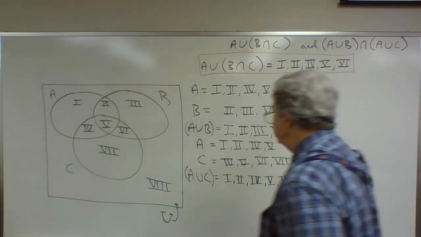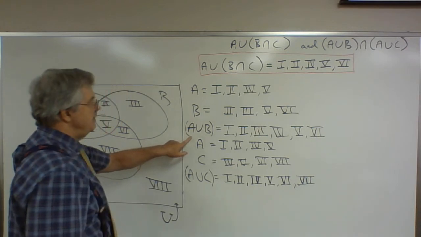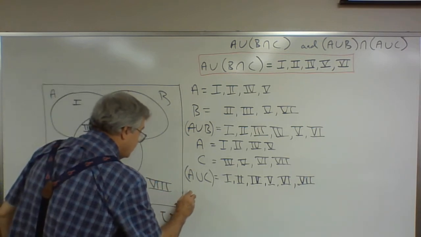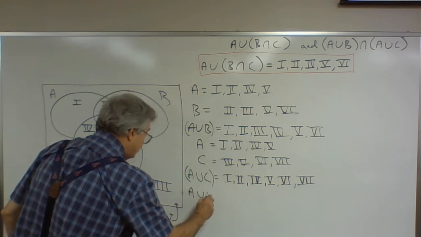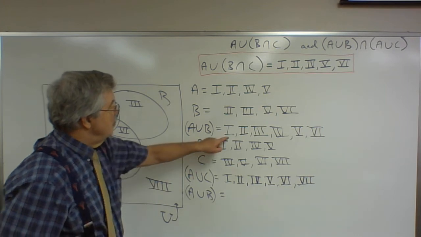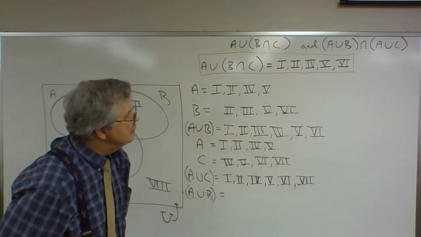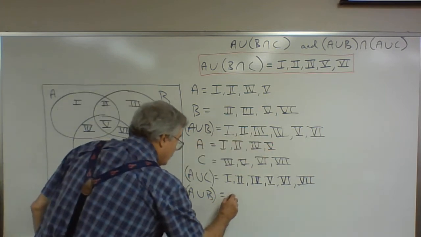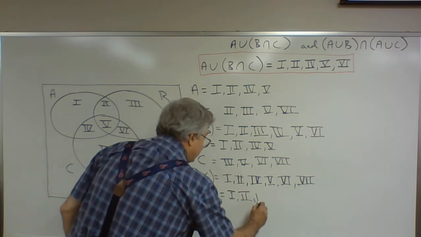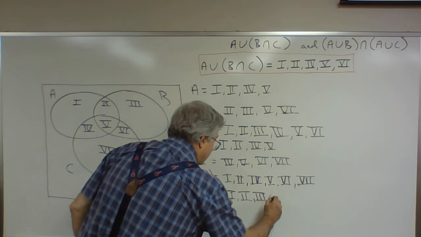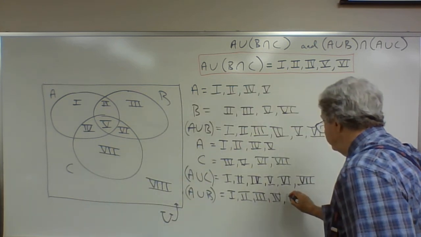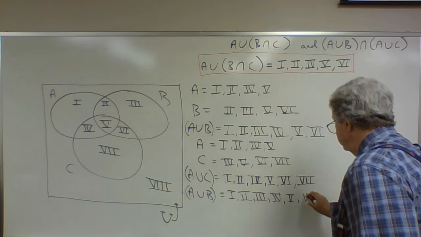So what I'm going to do to make this a little bit easier, I'm going to take A union B and rewrite it down here. That's 1, 2, 3, 4, 5, and 6.